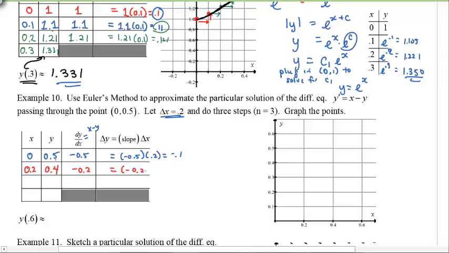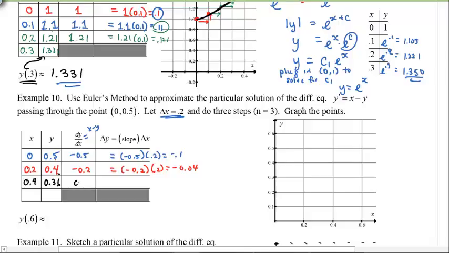Keep doing this, 0.2 minus 0.4, 0.2. Just repeating the process. Do you feel like a machine? Do you feel like a computer? And then 0.4 minus 0.04, 0.36, I believe. Okay, now if I subtract, what's that? Ooh, 0.4 minus 0.36.